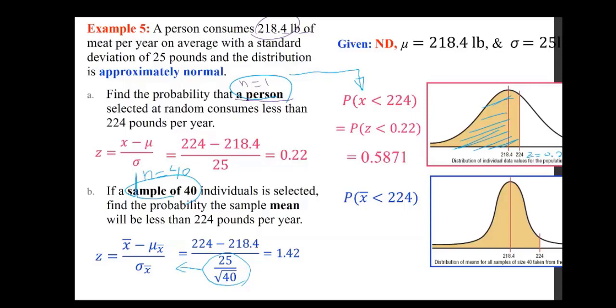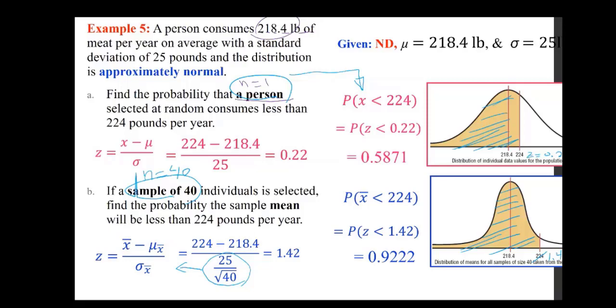This is the simplest way to define it. So z is 1.42. If I'm looking up the z table, I go to the positive z-score, look up 1.42, and it gives you 0.9222.